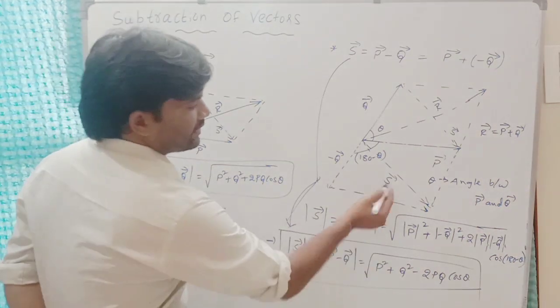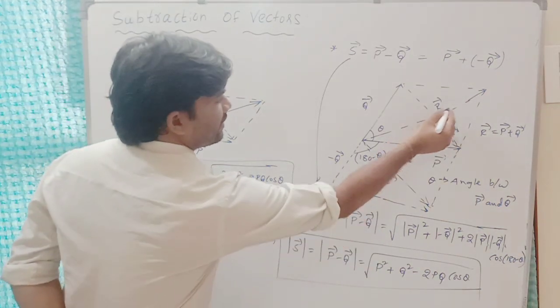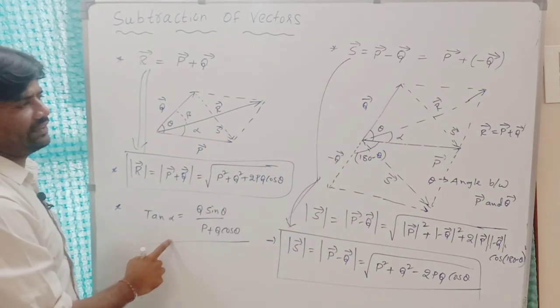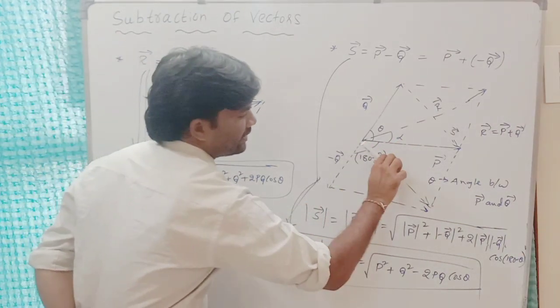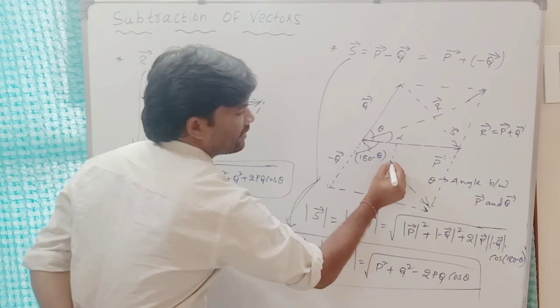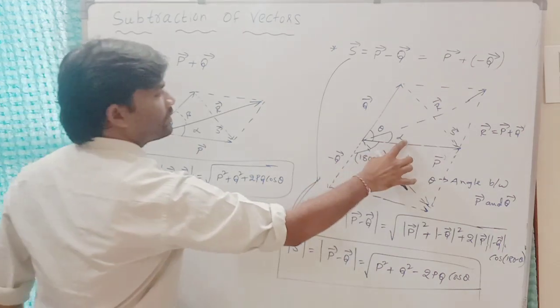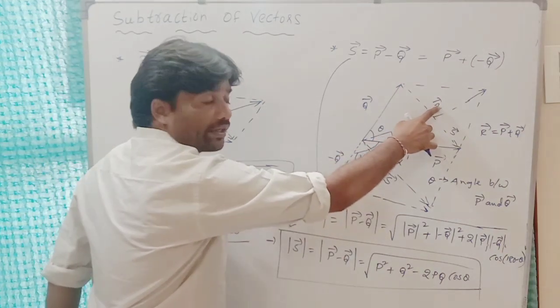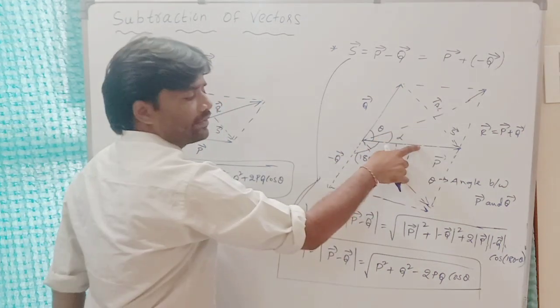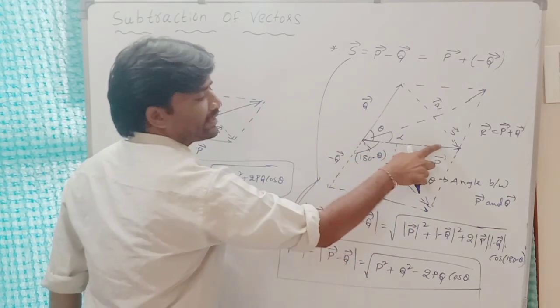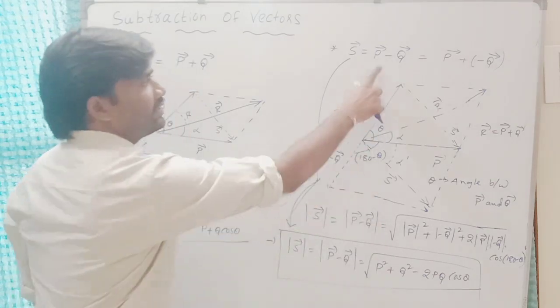Now the direction of this S vector. The direction of the R vector is given by alpha. If I say the angle made by this S vector with this P vector is alpha dash, alpha gives the direction of the R vector with respect to P. Now alpha dash gives the direction of this S vector with respect to P. The S vector means this.